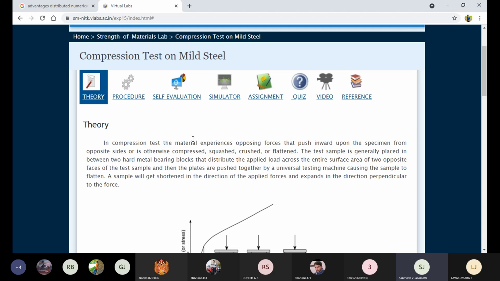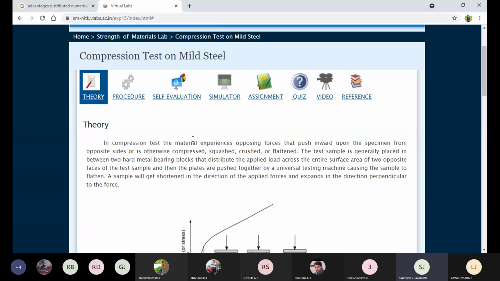Any idea about the compression test? How can you define the compression strength of engineering materials, and what is the difference between tensile and compression?